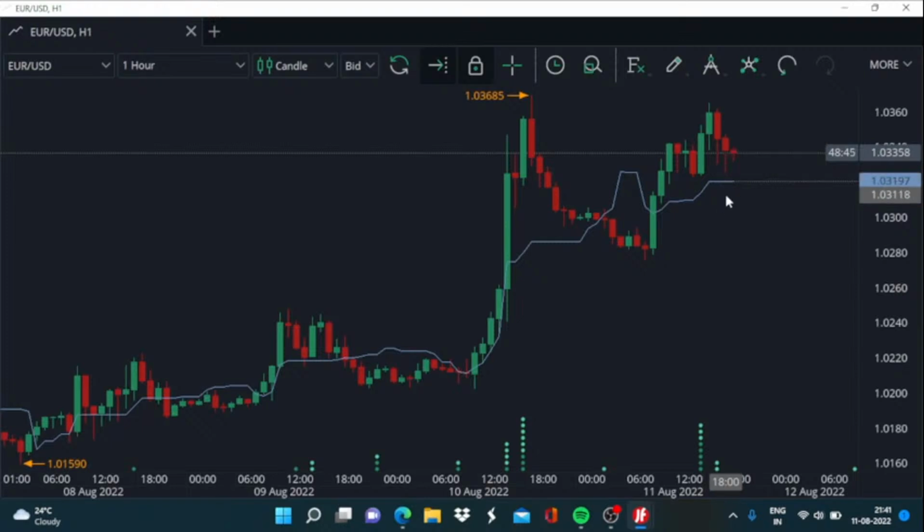Now, unless and until we see a fresh formation of the high or the low, we are likely to see the mid price hovering close to that. So we can go for short sale opportunities closer to the high of the range, which is around 1.36, and we can continue to look for buying opportunities closer to the low of the range, which is around 1.02.